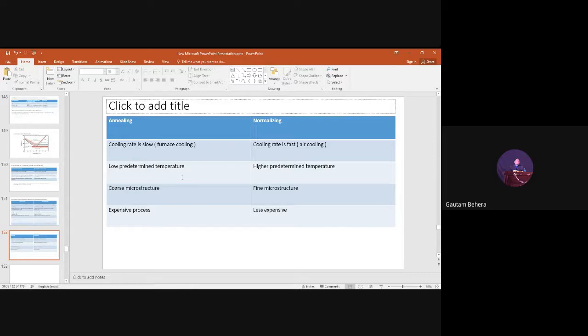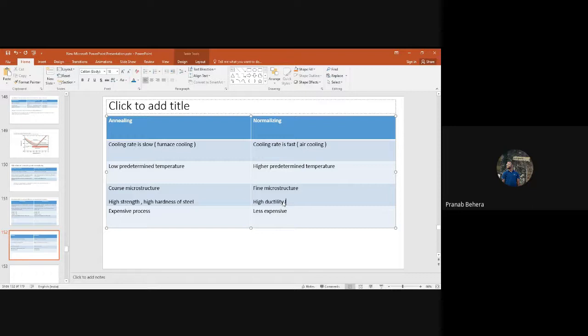You can also write high strength, high hardness of steel. Here, what should I write? High ductility. Sir, in annealing we are getting high ductility.